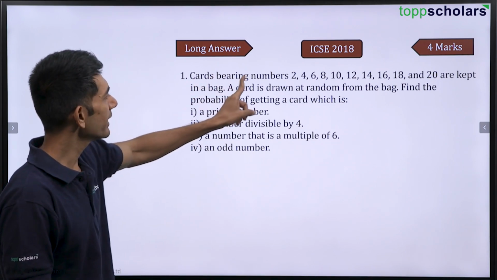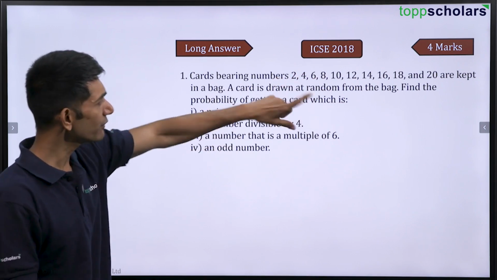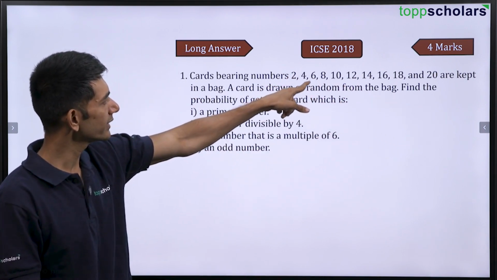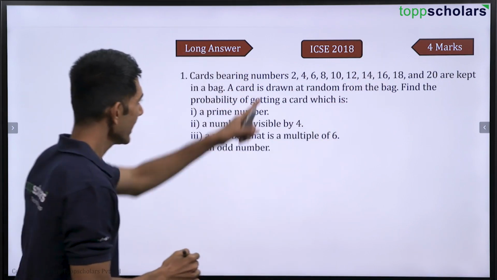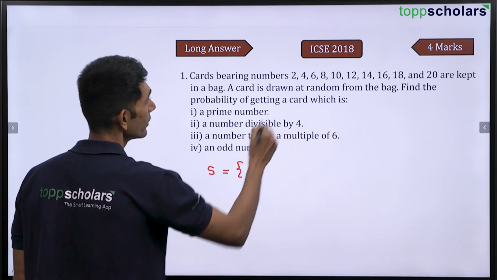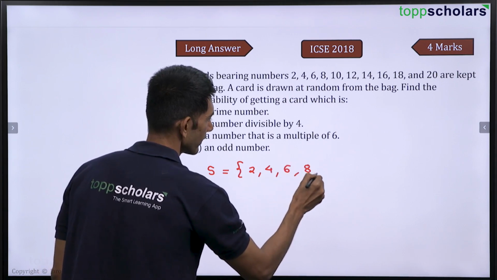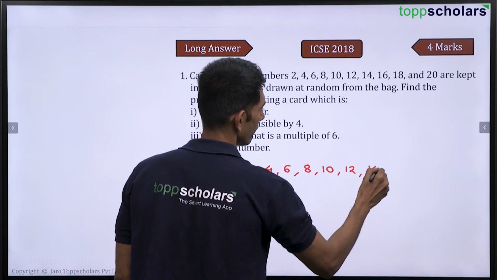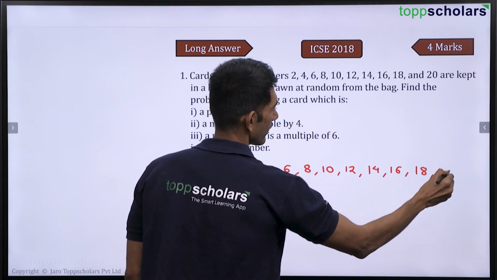These numbers are given: 2, 4, 6, 8, 10. Basically all the even numbers are given, up to 20. Now firstly, if I consider the sample space, it is going to be 2, 4, 6, 8, 10, 12, 14, 16, 18 and 20.